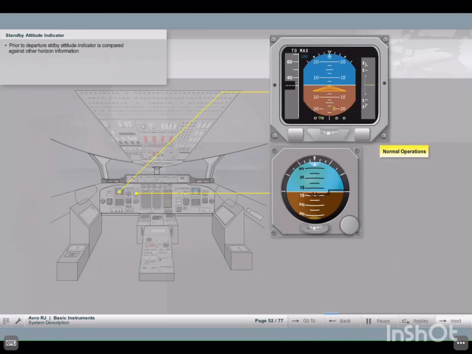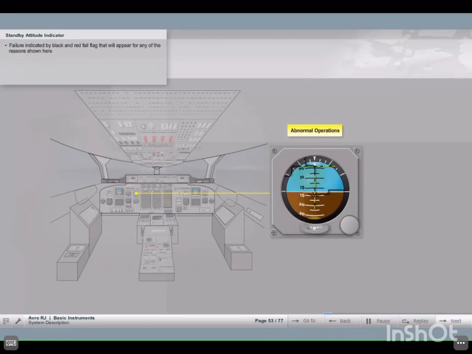Normal operations. Prior to departure, the standby attitude indicator is compared against the other horizon information. Abnormal operations. A failure is indicated by a black and red fail flag that will appear for any of the shown reasons.